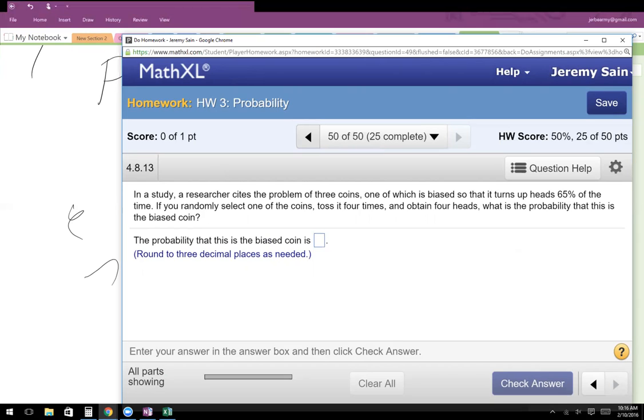What if, I mean, 65 is about 2/3. If it's supposed to get heads 2/3 of the time, do you still think it's weird it gets 4 heads in a row? Yeah, you would think out of 4 tosses, you should get 1 tails at least in there, right? But how would you actually find the probability that this is the biased coin?